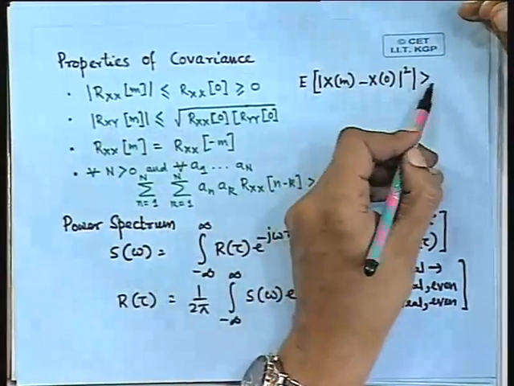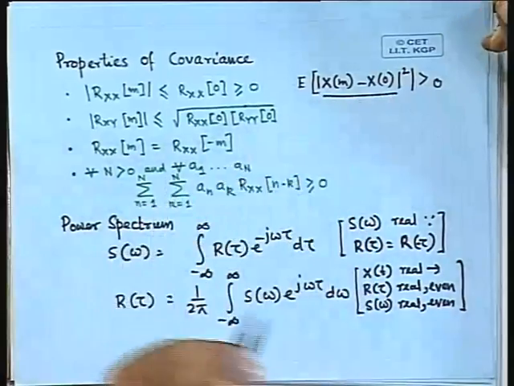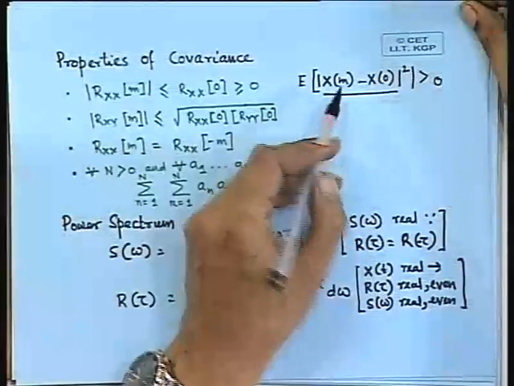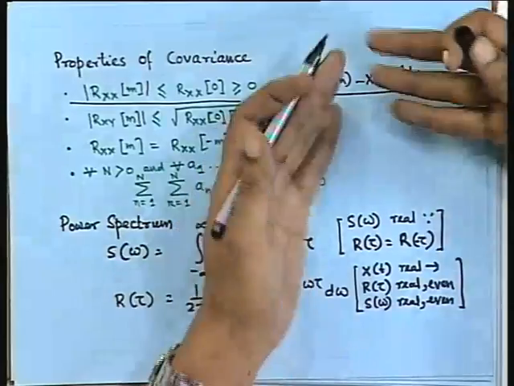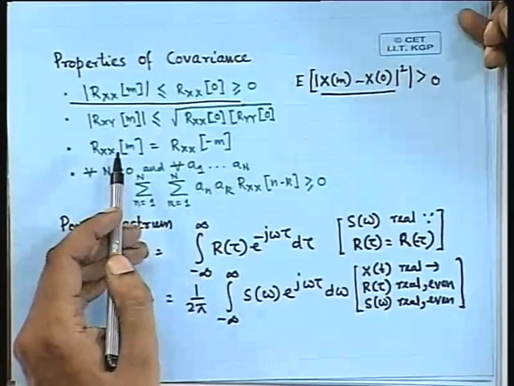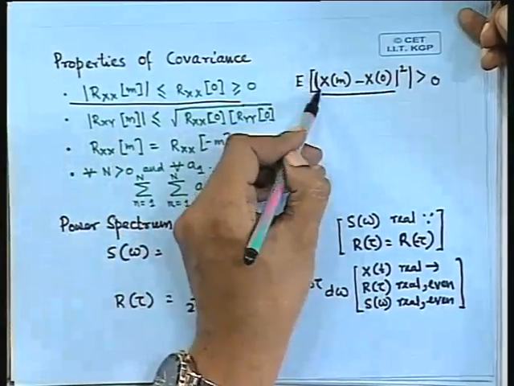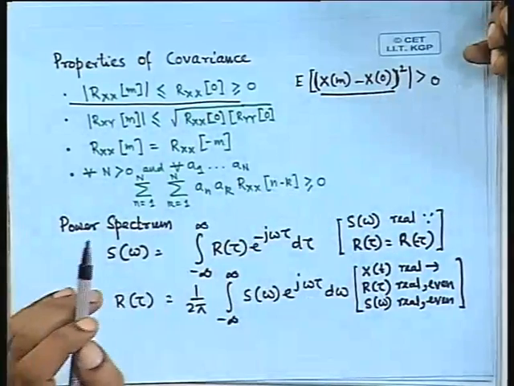This has to be greater than 0 because each term is positive and all probability density functions are positive. So if you take an expectation of an all positive quantity, then its expectation must be positive, right. So to prove this is simple, just open the bracket. In fact, you don't need to put a magnitude, you can just put a simple square.